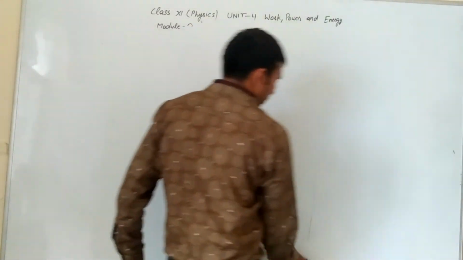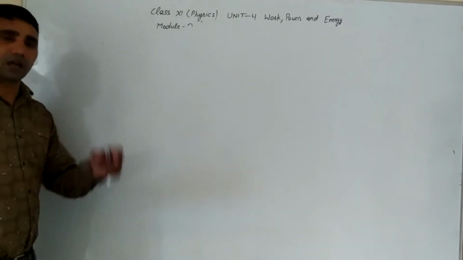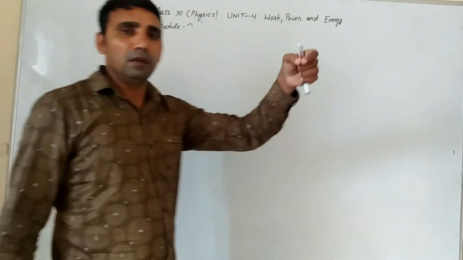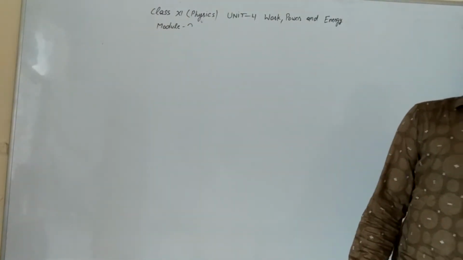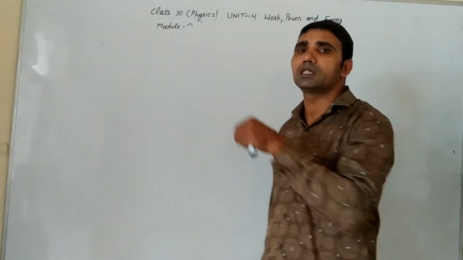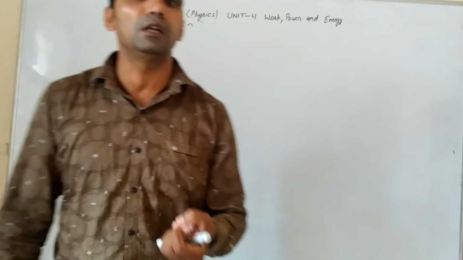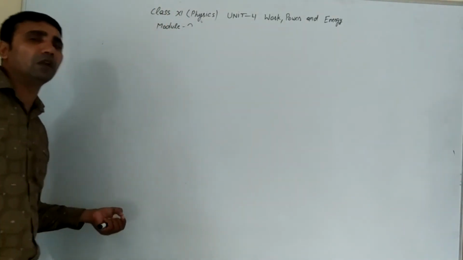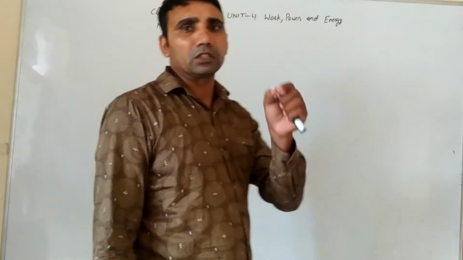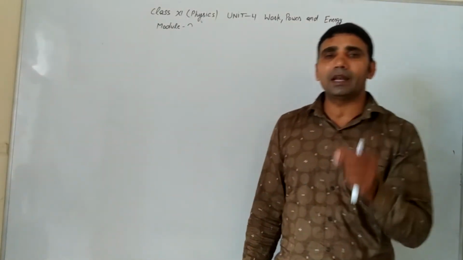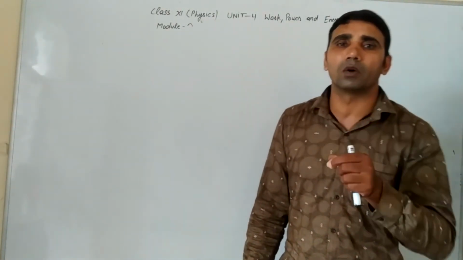If a person completes their task in less time, then the power is more. If the same task is completed by a person in more time, then the power will be less. So power of a person or machine is defined as the rate of doing work.